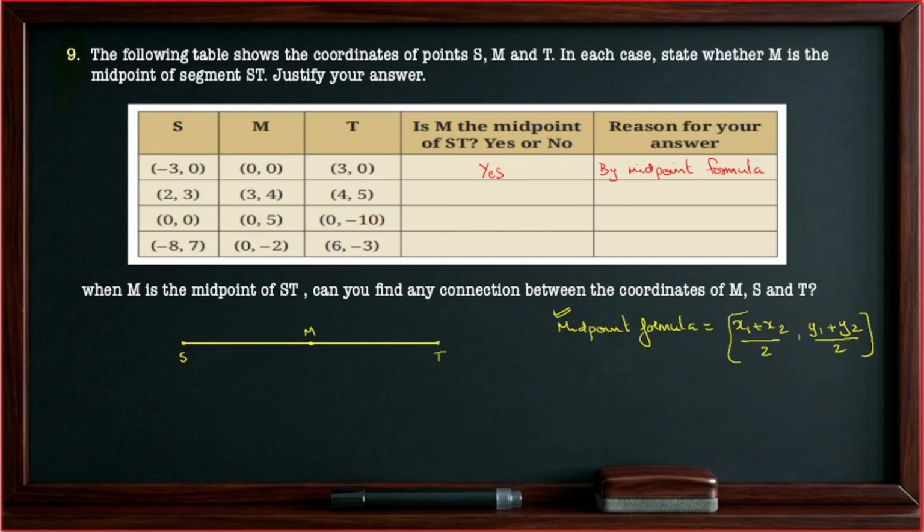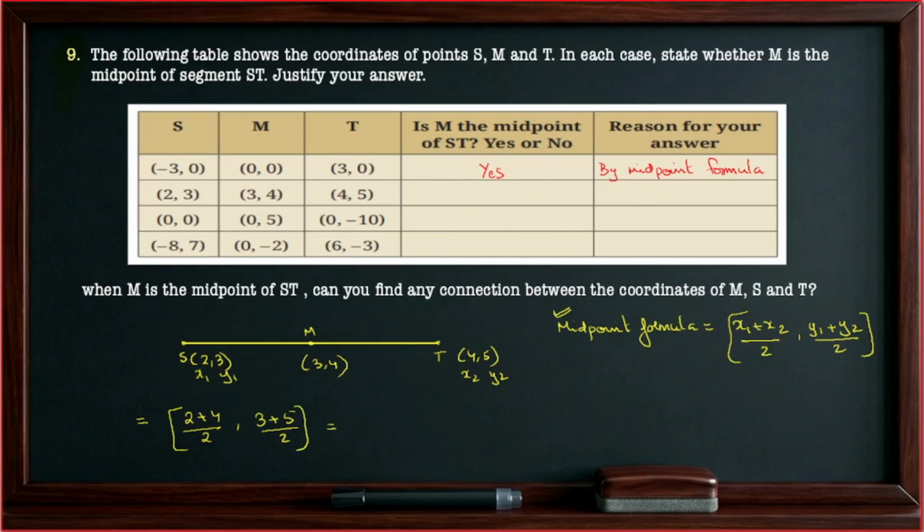See the second question, the coordinates of S are given as 2, comma 3, T is 4, comma 5, and the midpoint is given as 3, comma 4. Now we'll check in the line segment S and T whether this 3, comma 4 is the midpoint. Okay, and this is x1, y1, x2, y2. So using the formula, we'll write 2 plus 4 by 2, comma 3 plus 5 by 2.